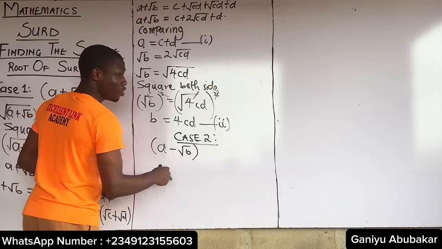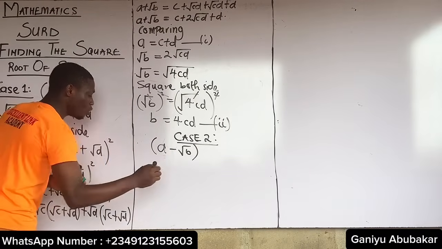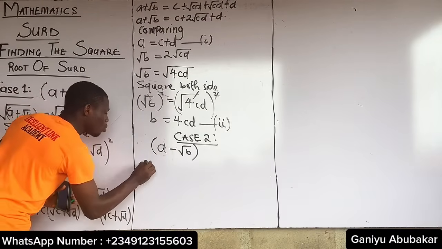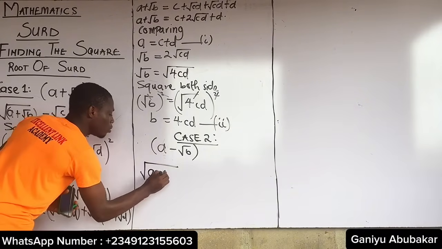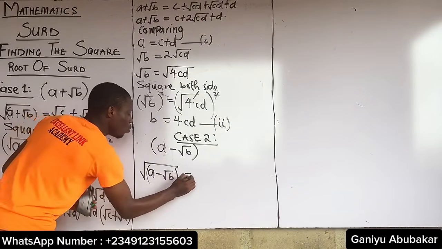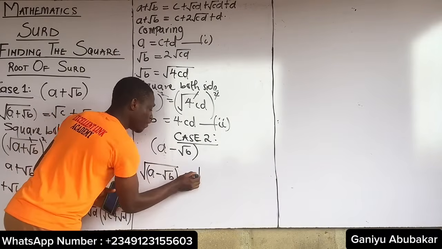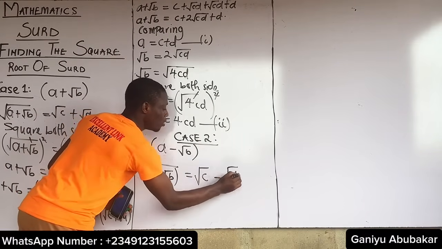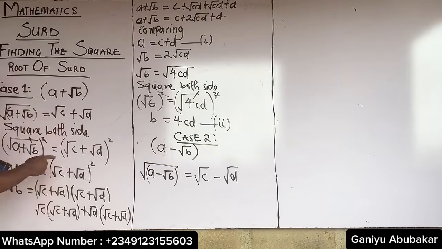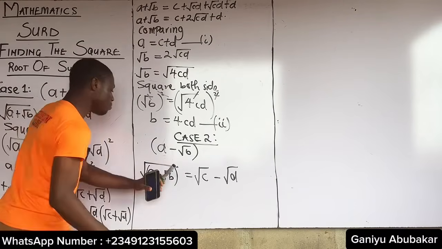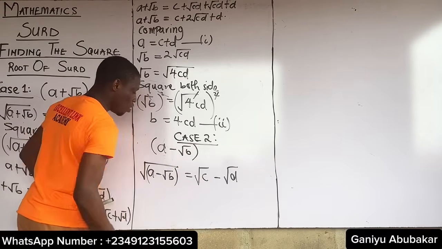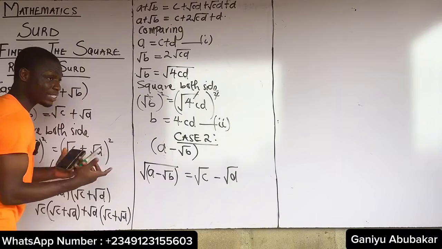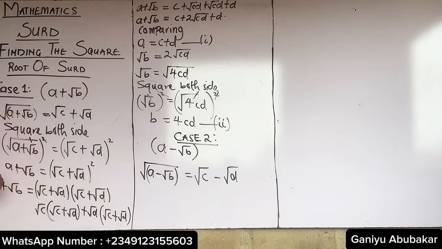To find the square root of this surd, what do we know? The square root of what you are given, A minus root B, is equal to what? We attach an alphabet to it: root C minus root D. Observe that before it was root C plus root D, plus plus; now this becomes minus minus. That's the case. At this point, what is our next task? Square both sides.